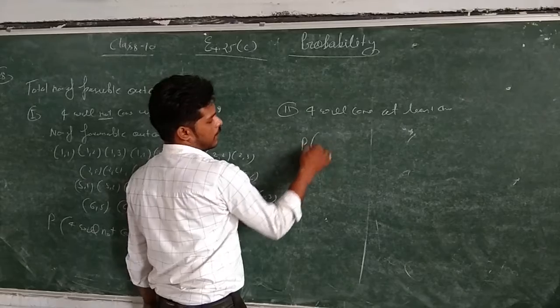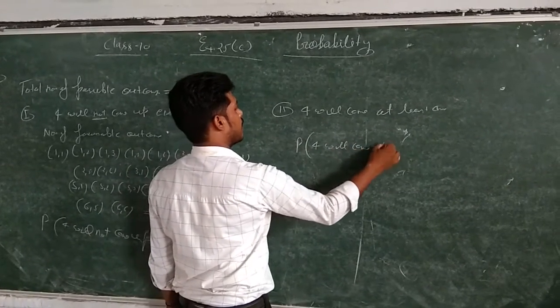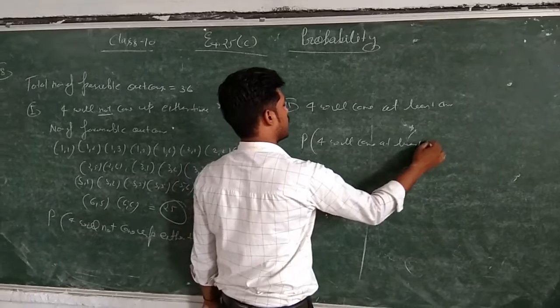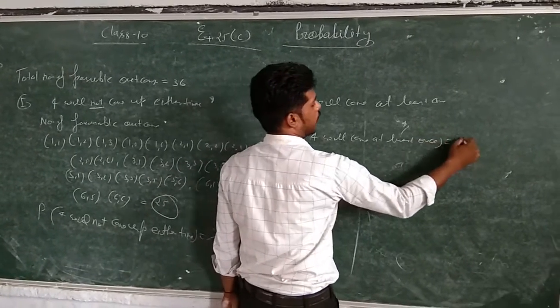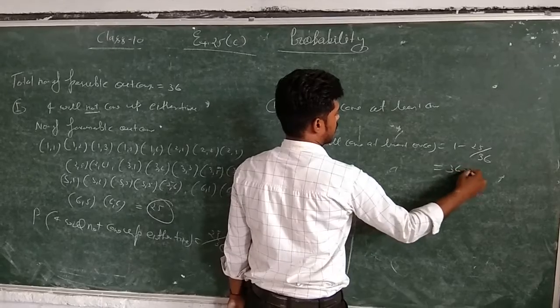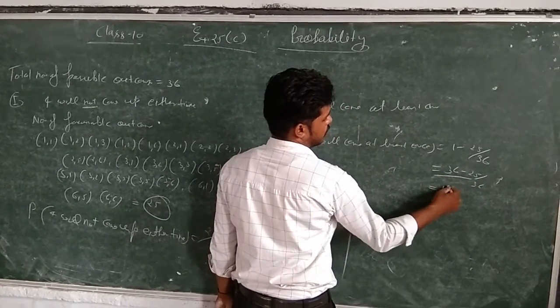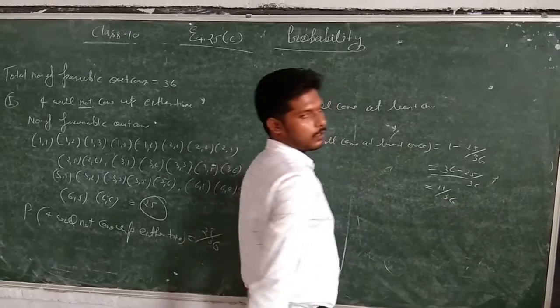So P of 4 will come up at least once is equal to 1 minus 25 upon 36, which is 36 minus 25 upon 36. So 11 upon 36.